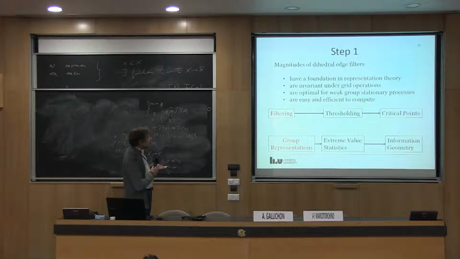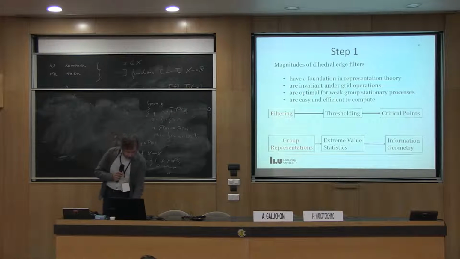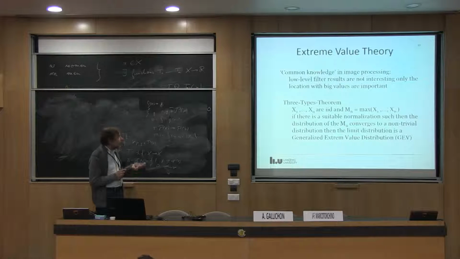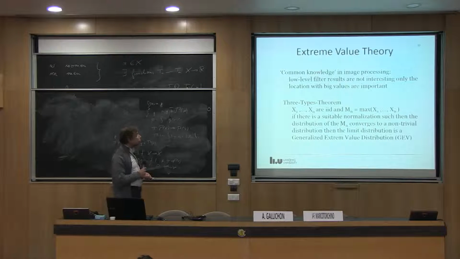So this was the first package. Representation theory is the foundation, then you have the optimal L2 error criterion, and it is efficient and easy to compute. Now we come to the next step, the thresholding and the extreme value theory.